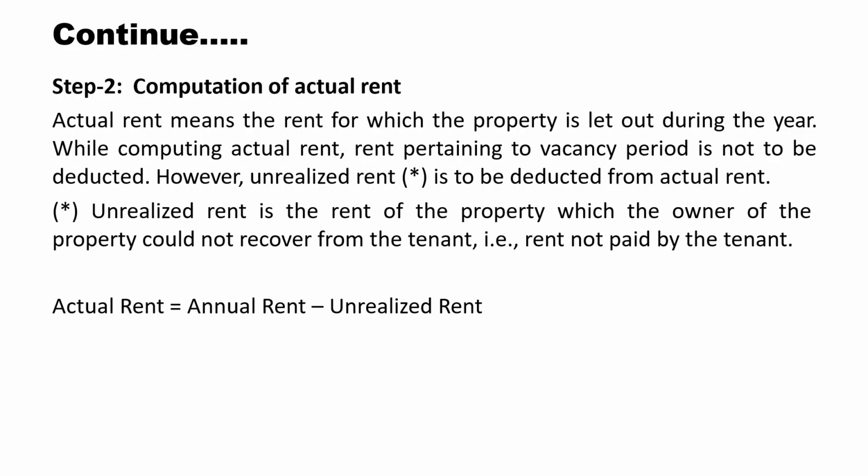And if unrealized rent is not given in the problem, at that time your annual rent will be the actual rent. So how to compute the actual rent? Actual rent is equal to annual rent minus unrealized rent. If the unrealized rent is given in the problem, then you have to deduct it from the annual rent. If it is not given in the problem, there is no need to deduct it. Clear? Understood?